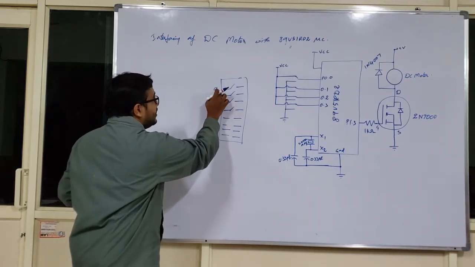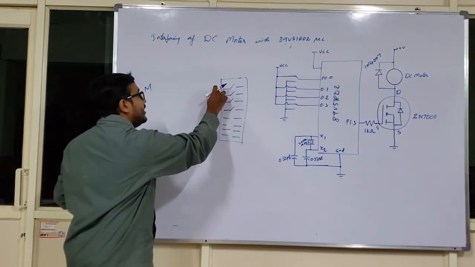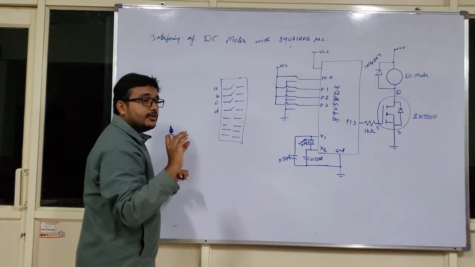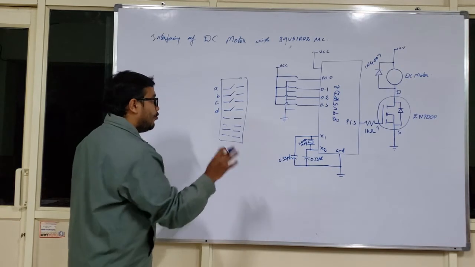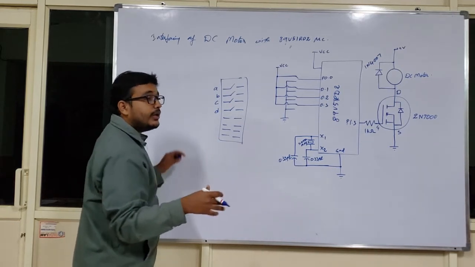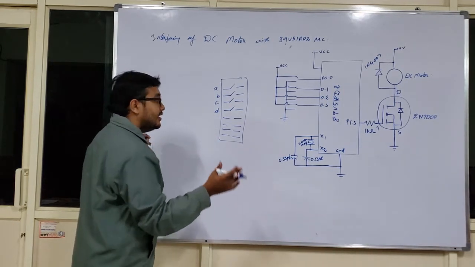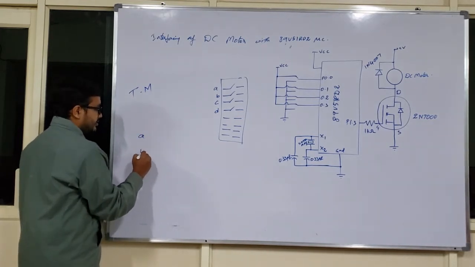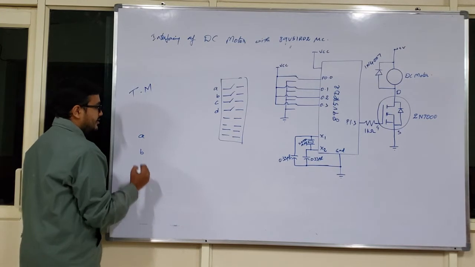I want to make the A, B, C and D switches dedicated to satisfy certain conditions. What are the conditions that I would like to use here?